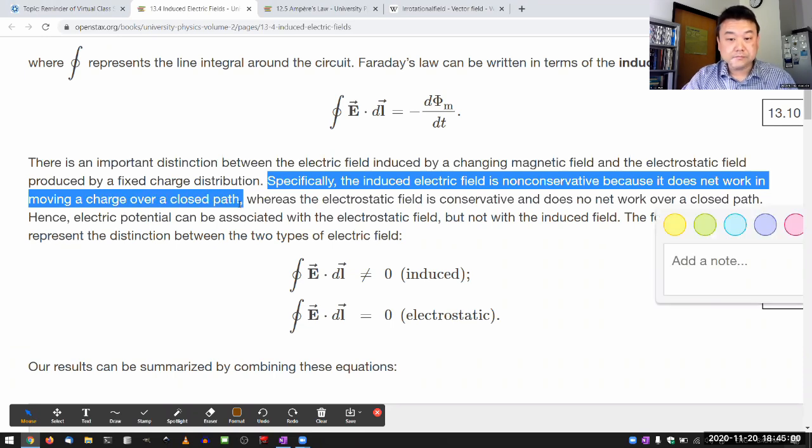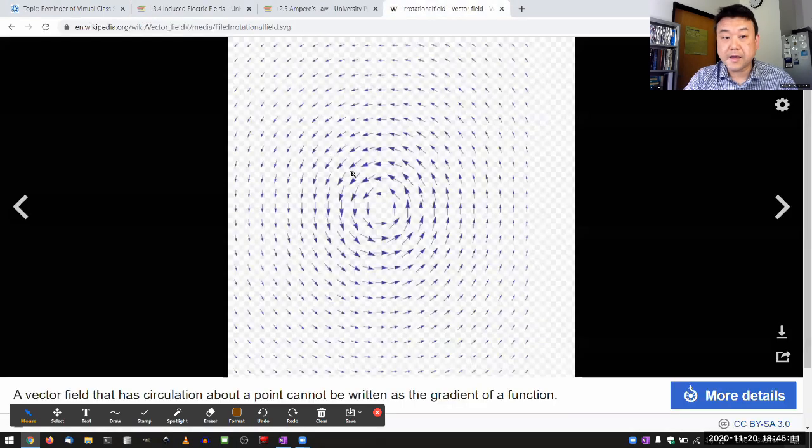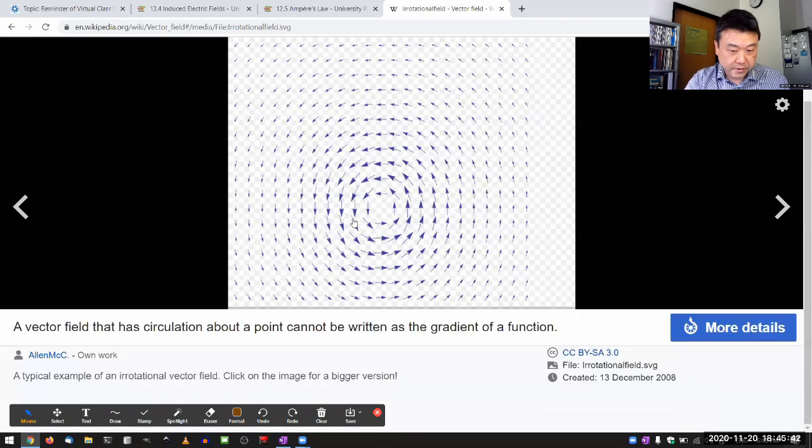And in terms of a vector field, it's a non-conservative field because when you have a vector field that looks like this, then this is not a conservative field. And that ties to what they're saying here, that it cannot be written as a gradient of a function, because the function whose gradient this could be written as would be the scalar potential that you can attach to a conservative field.